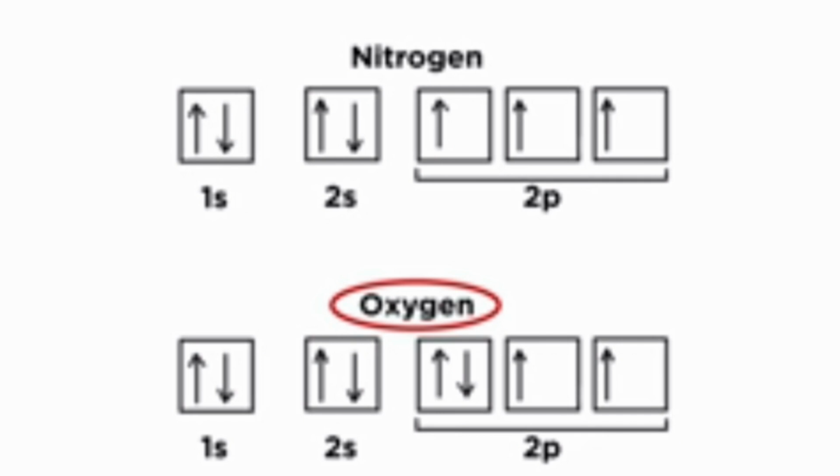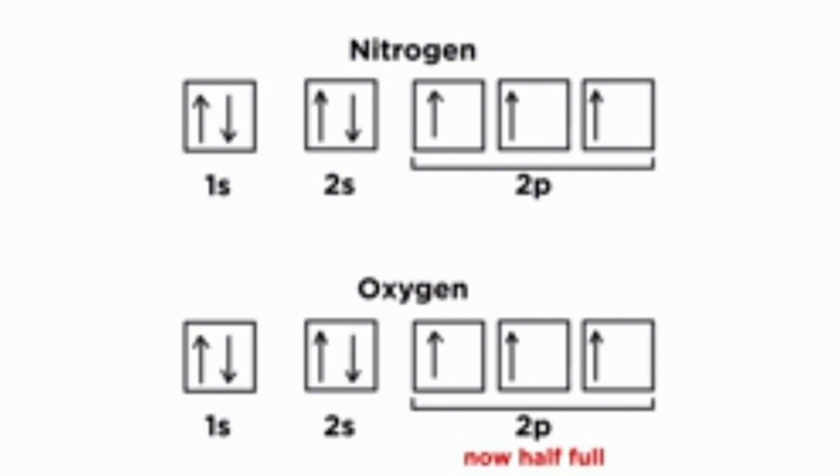That's why oxygen's ionization energy is a little bit lower than nitrogen's, even though oxygen has one additional proton. Deviations from the ionization energy trend can be explained by discrepancies in orbital symmetry, like this one.